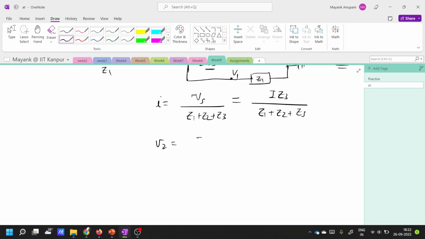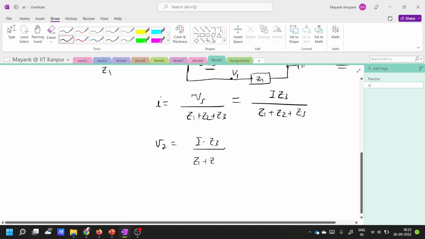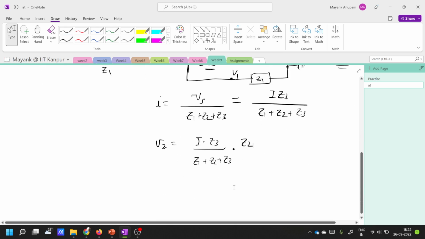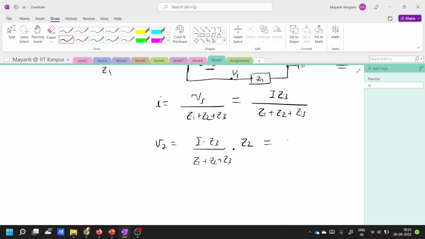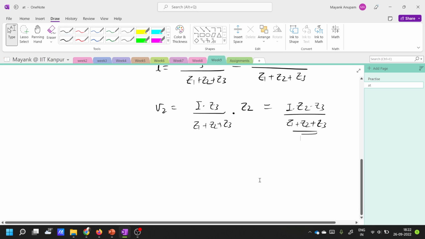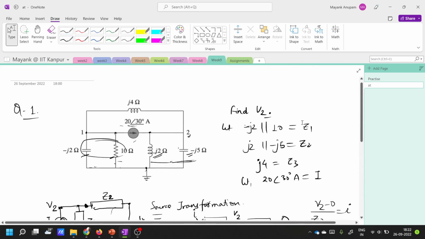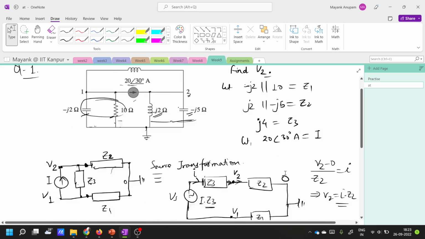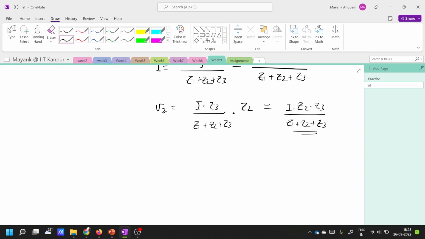V2 is equal to I times Z3 divided by Z1 plus Z2 plus Z3, multiplied by Z2. So this becomes I times Z2 Z3 divided by Z1 plus Z2 plus Z3. Such a simple equation. Now you can put in the values of Z2, Z3 and so on here, and you can get the answer. So the answer is here.